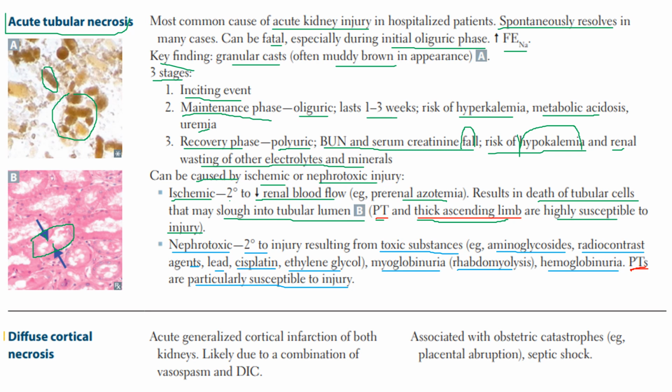Diffuse cortical necrosis. Acute generalized cortical infarction of both kidneys, likely due to a combination of vasospasm and disseminated intravascular coagulation, associated with the obstetric catastrophes.